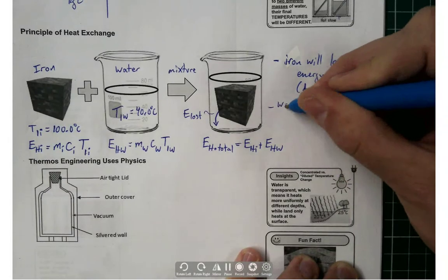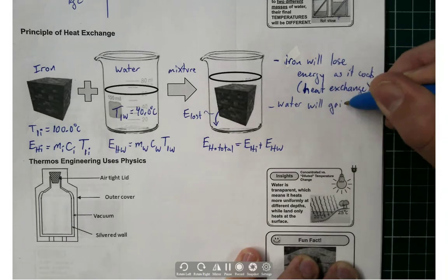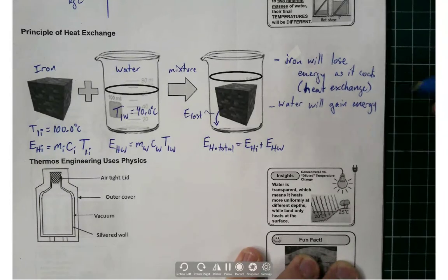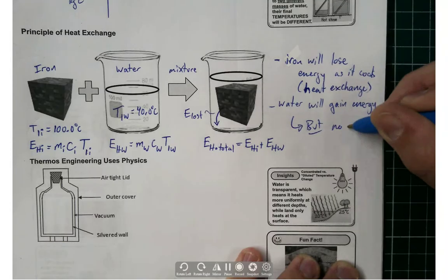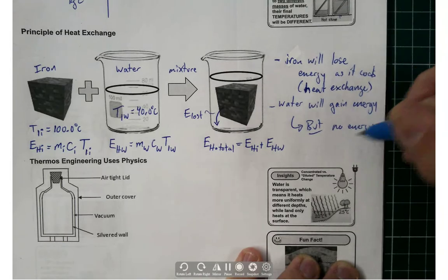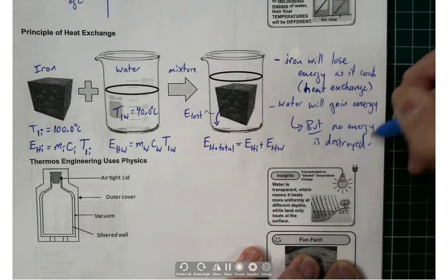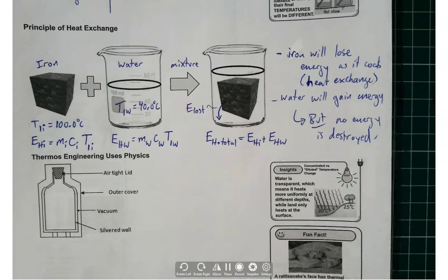Water will gain energy, but no energy is destroyed. That's an important but. No energy gets destroyed. It's just an exchange of energy, right? And you know that this is going to be true.